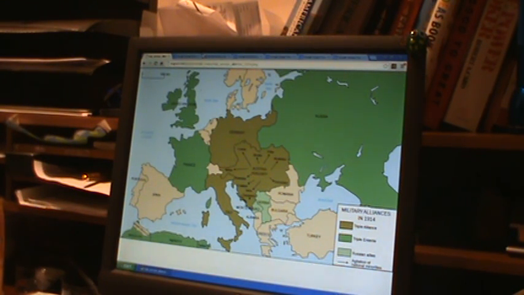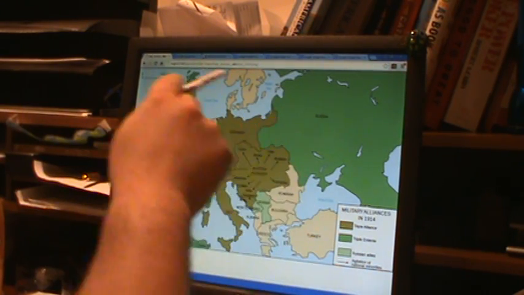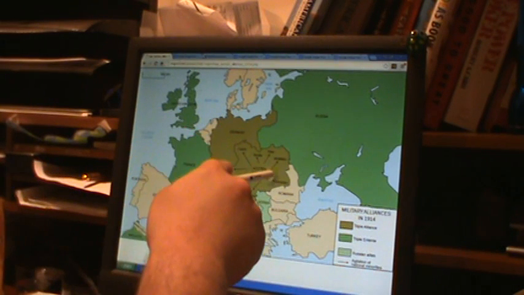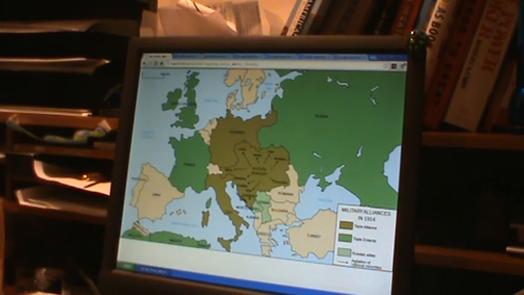So by 1914, you have Europe divided into two kind of equally balanced groups of countries. You have the Triple Entente, France, Russia, United Kingdom, and the Triple Alliance, Germany, Austria-Hungary, and Italy.